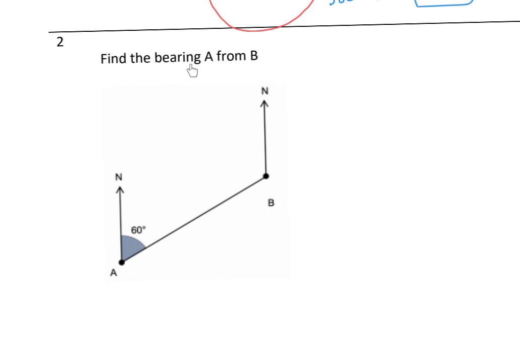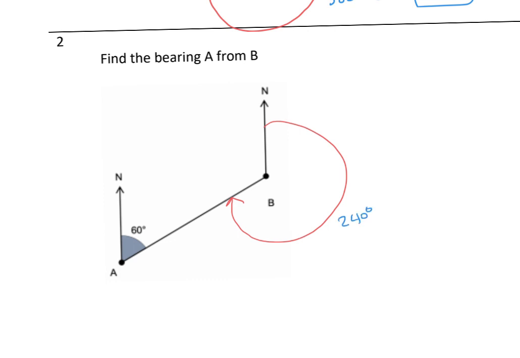Find the bearing A from B. This is the north at B. Start from the north, move clockwise till you reach A. I need this angle. How to find it? 60 plus 180 directly. It's 240.